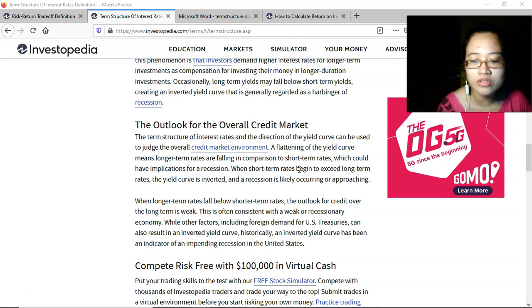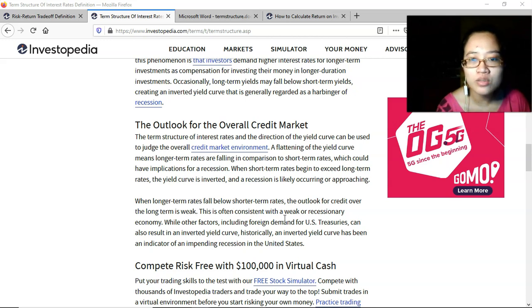So if it's almost the same, then the long-term rates are falling in comparison to short-term rates, which could have implications of recession. When short-term rates begin to exceed long-term rates, the yield curve is inverted and a recession is likely occurring or approaching. When longer-term rates fall below shorter-term rates, the outlook for credit over the long term is weak, because it is recessionary.